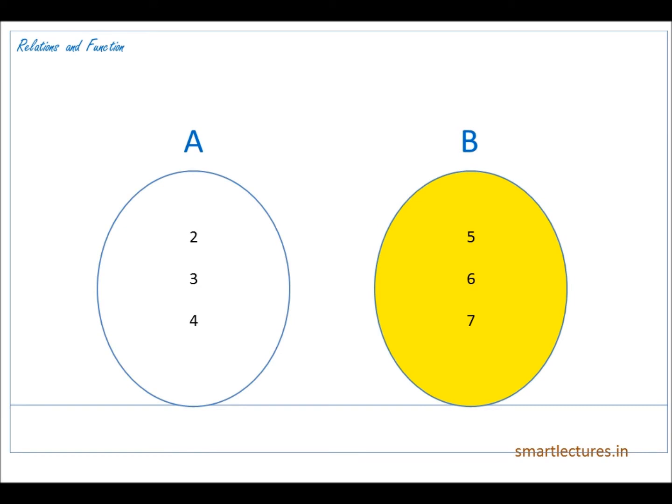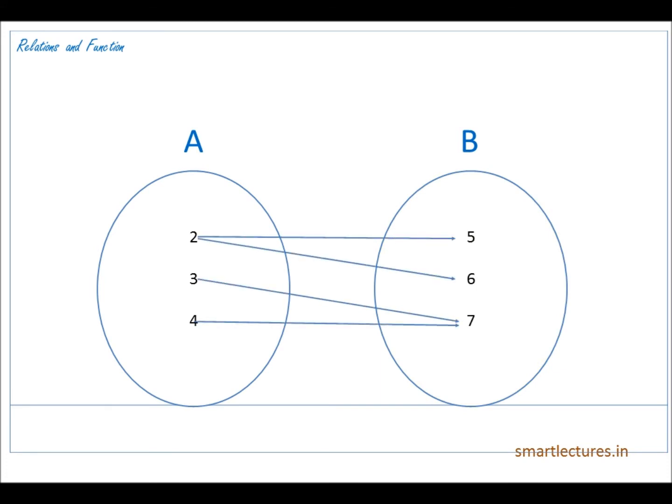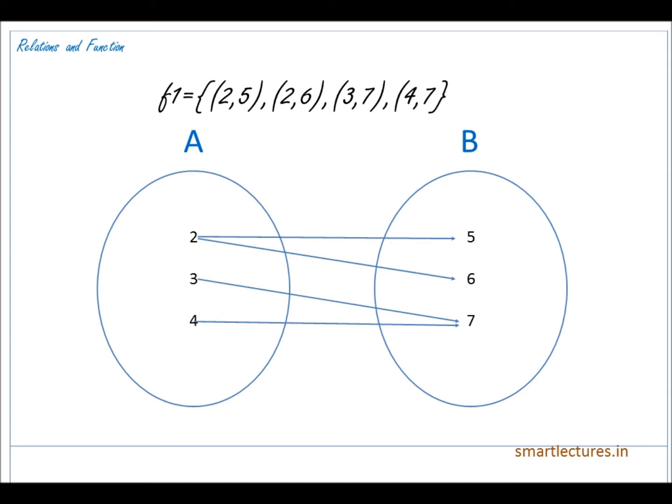Now f1 from set A to B contains 4 ordered pairs: f1 is equal to {(2, 5), (2, 6), (3, 7), (4, 7)}. Here you can see the element 2 is related to 5 and 6. That means the element 2 has two f images, 5 as well as 6. And 3 is related to 7 and 4 is related to 7.